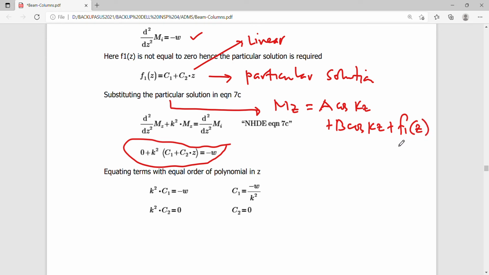So since we are only interested with this particular solution, we ignore first the homogeneous part. So the second derivative of this will simply be equal to 0. And f1(z), since Mz is only equivalent to this part here, so what happens is this k squared will retain, then Mz will be substituted in this form.